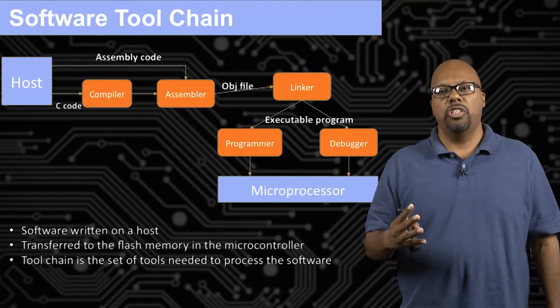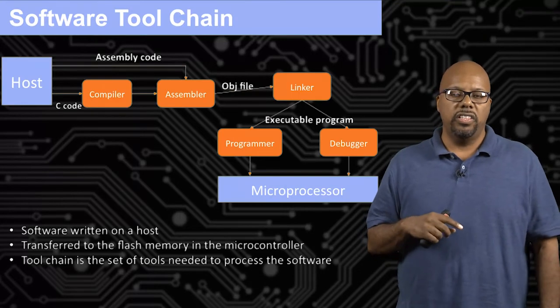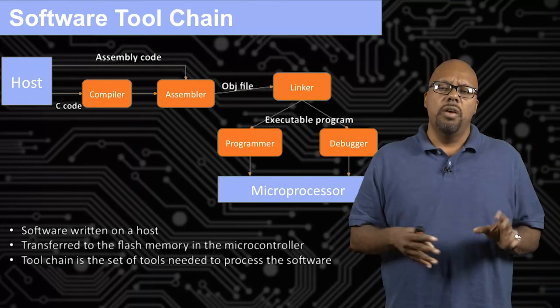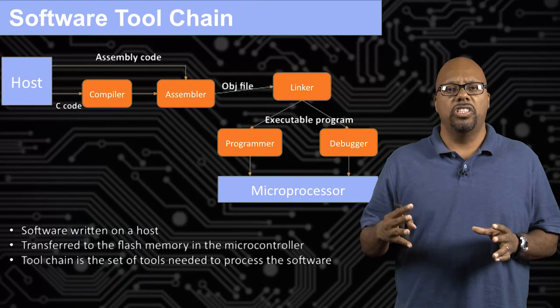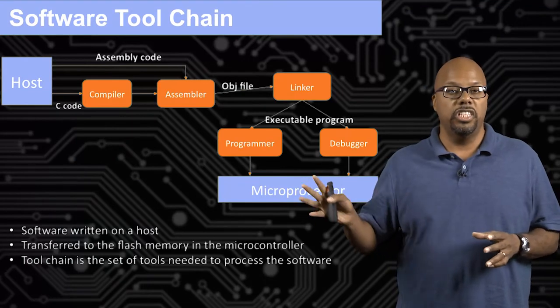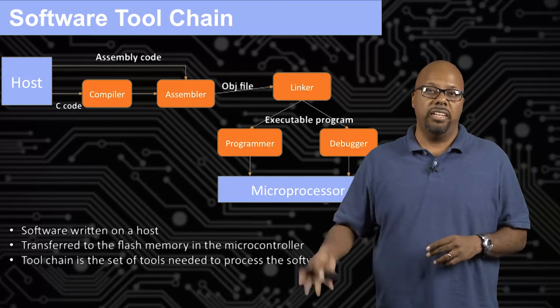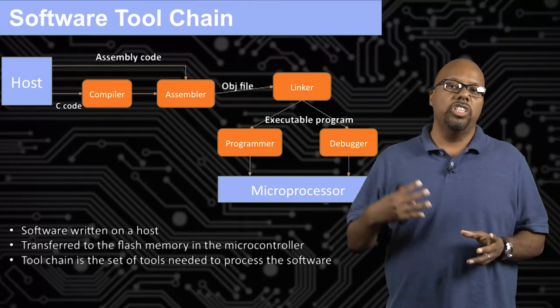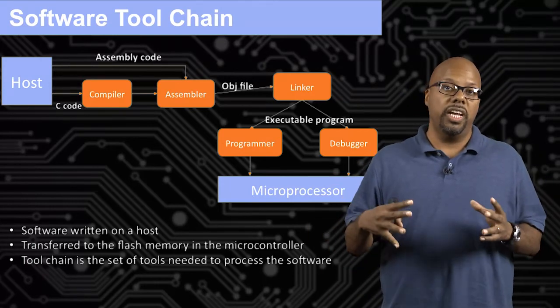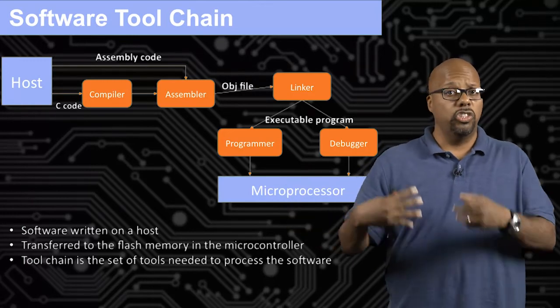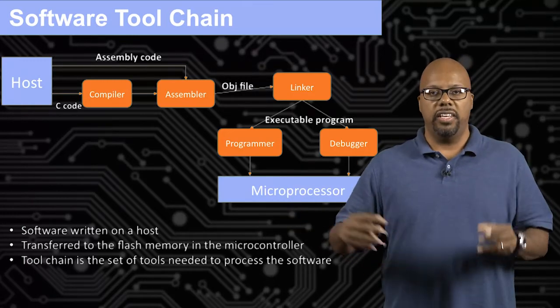Then once you get the object file, that describes all the code that you wrote, but remember that we're using library functions all the time. We haven't done this yet, but in our code, you always want to use library functions to handle complicated tasks. Library functions are just functions that are pre-written, but you didn't write them. You just write the name of the function, and that code gets executed.